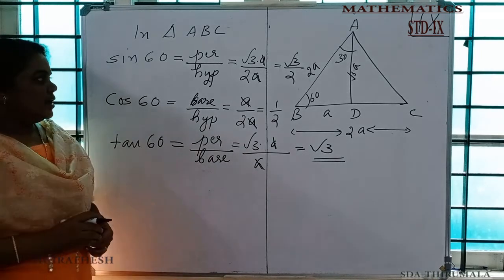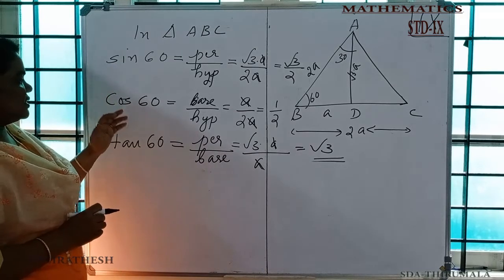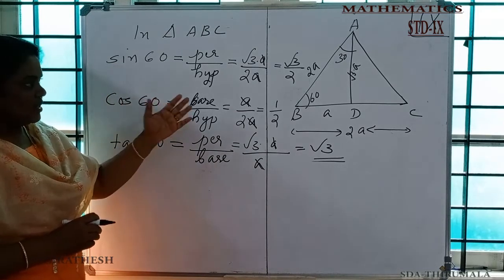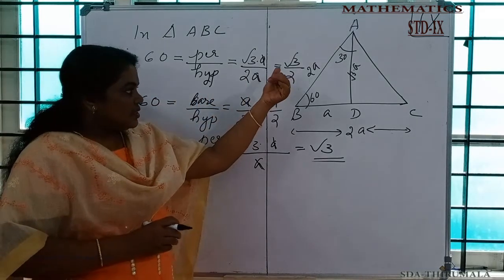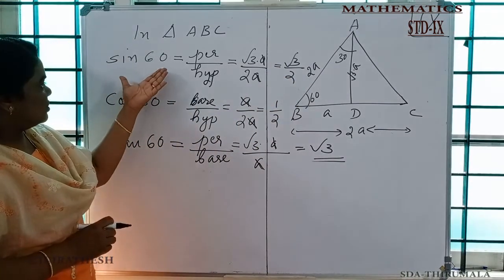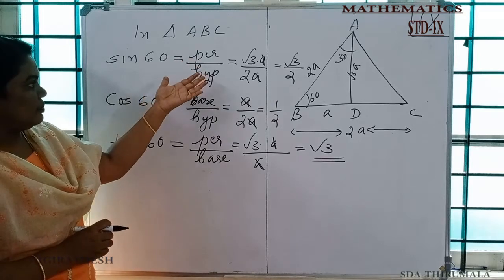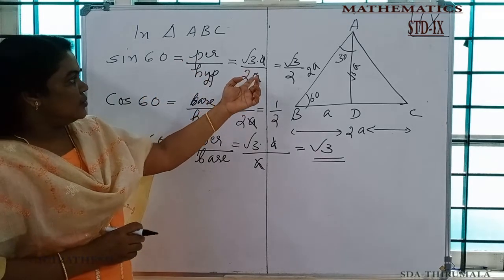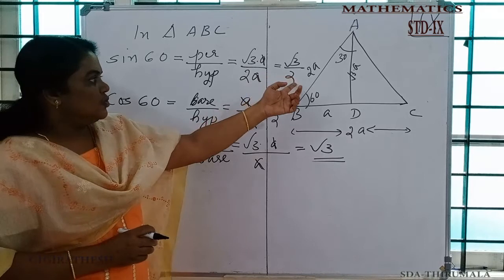And for cosec, sec and cot, we should take the reciprocal values of these. The reciprocal of sine is hypotenuse by perpendicular, which is 2a by root 3a, and we get 2 by root 3.